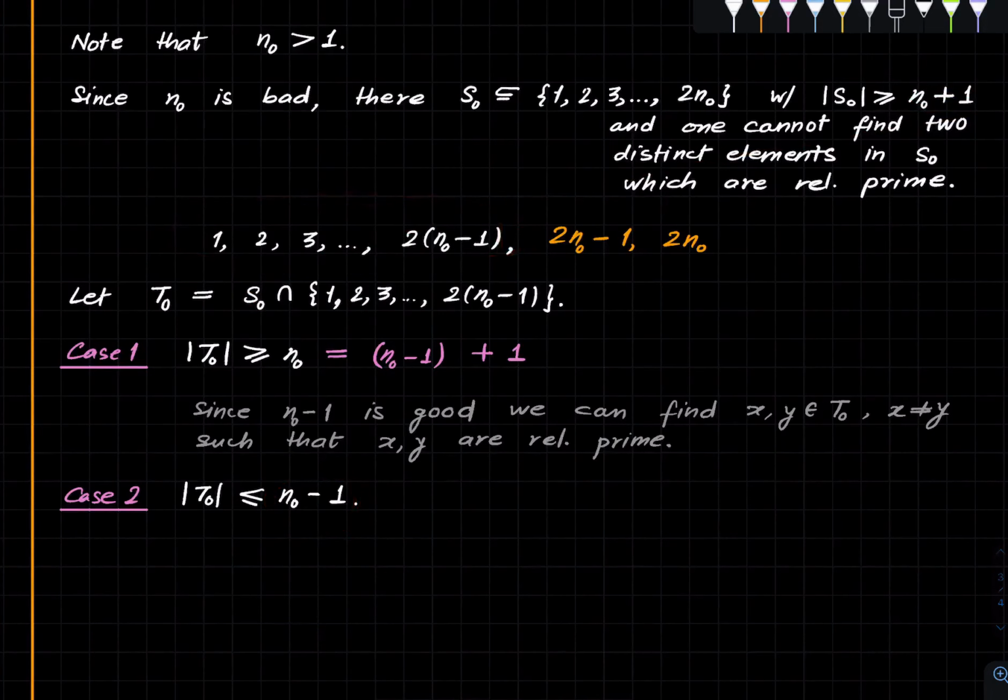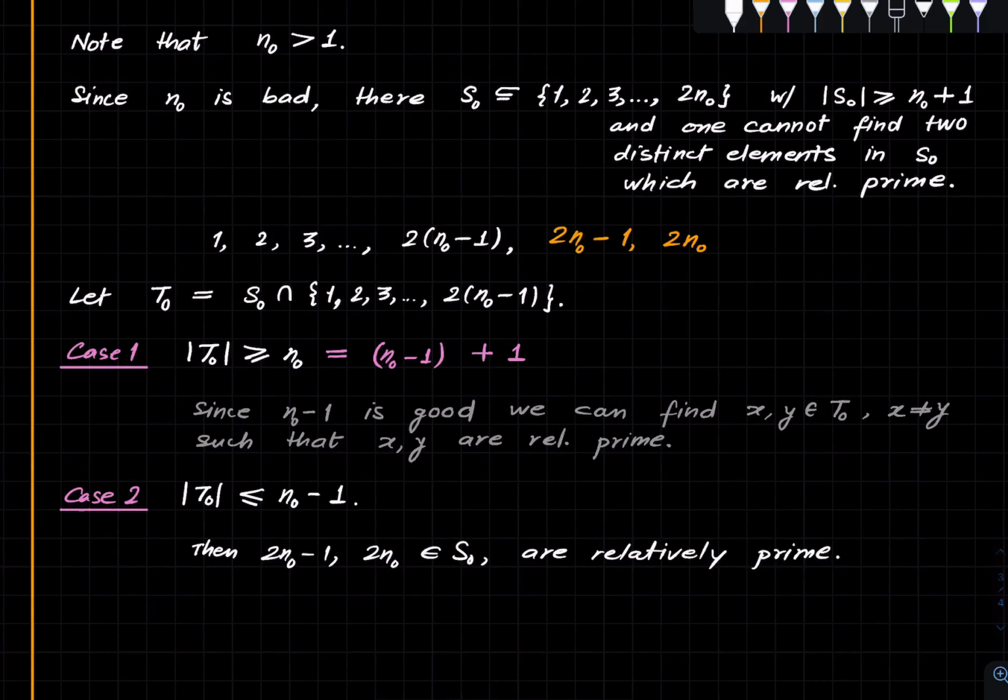So to have this constraint maintained, both of these have to be included in S naught. So both of these are in S naught, but they are clearly relatively prime and distinct, because any two consecutive integers are relatively prime.